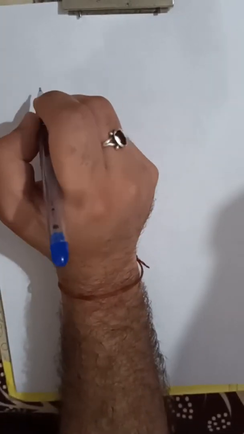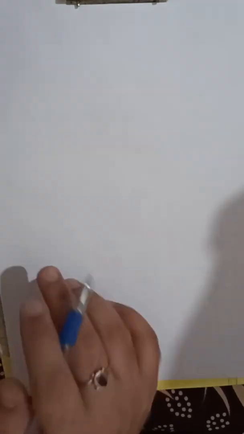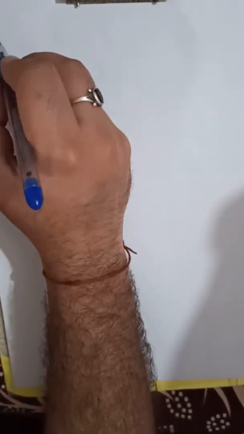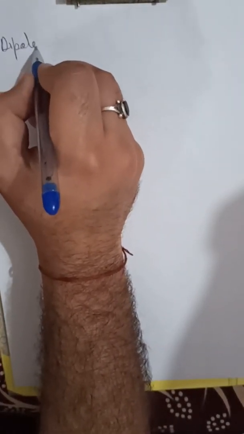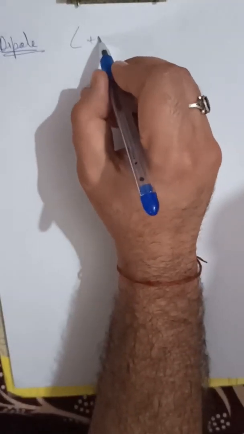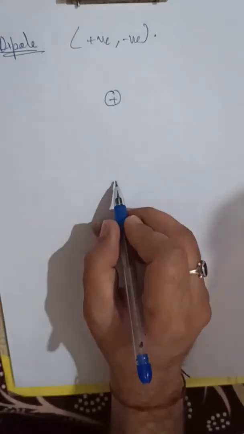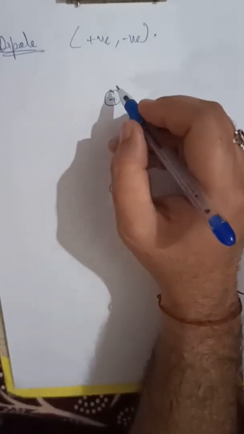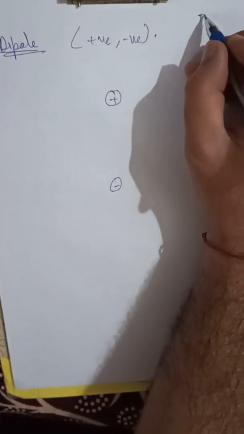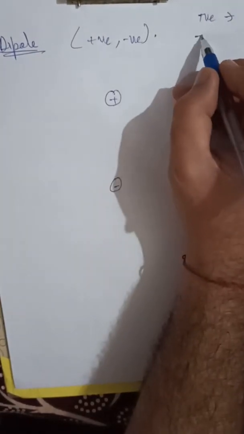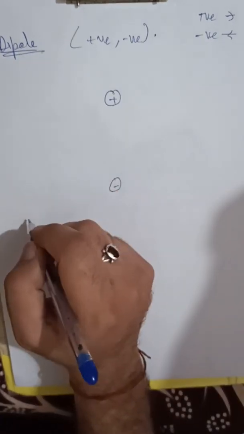So we talked about positive and negative charges. Now we will talk about a dipole. What is a dipole? It is a combination of positive charge and negative charge of same intensity. So let us suppose a positive charge is placed here, negative charge is placed here. As you know, for positive lines are outwards and for negative lines are inwards.